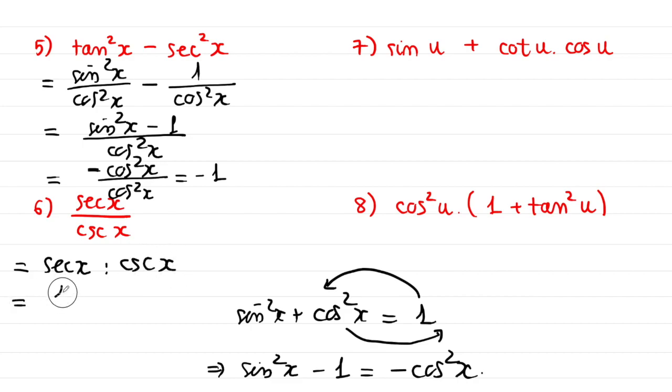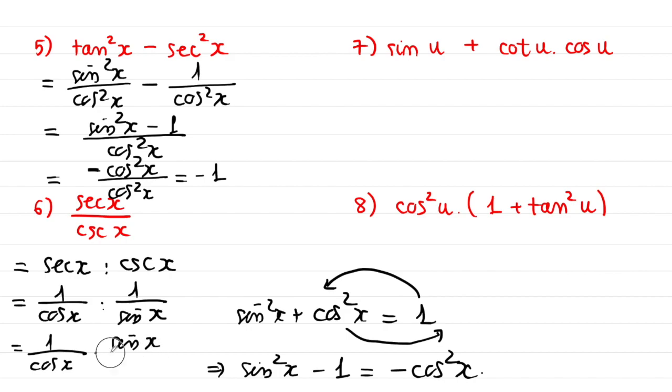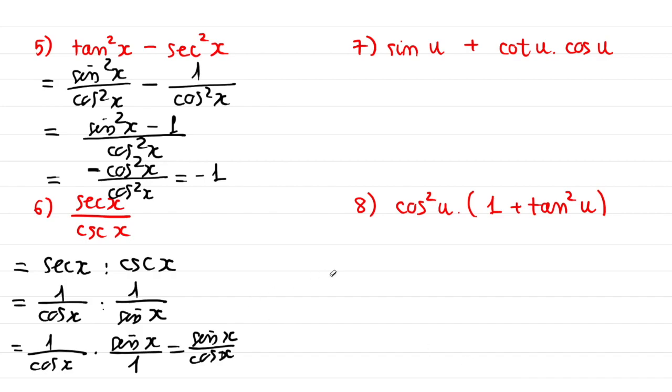Sec means 1 over cos, divided by 1 over sine, and then multiply by the reciprocal, sine x divided by 1, and that's why the final answer is sine x over cos x, like this. Okay, let me erase this one. We finished question 6.